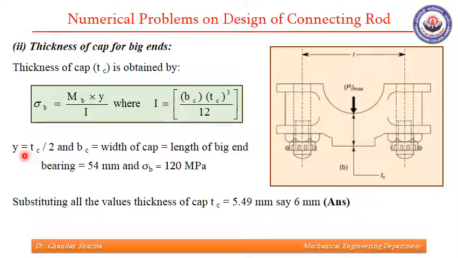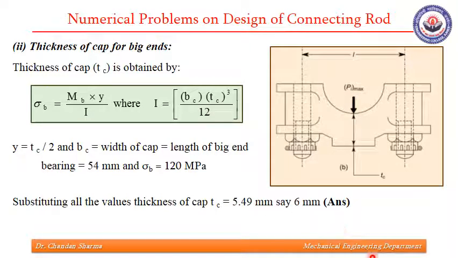So y is Tc by 2, I is this value. When we keep all the values in this formula and put sigma b as 120 megapascal, the only unknown left in this equation is Tc, that is thickness of cap, which is the required dimension. So putting all the values, thickness of cap Tc comes out to be 5.49 mm, or we can say 6 mm.